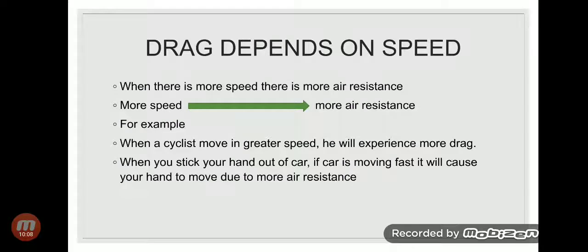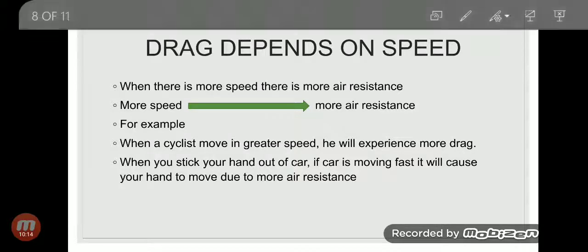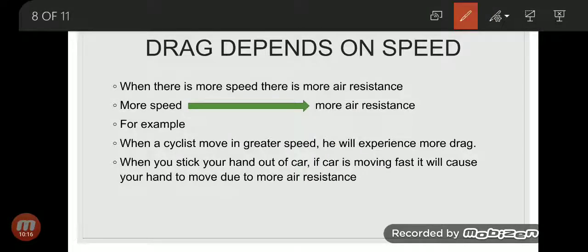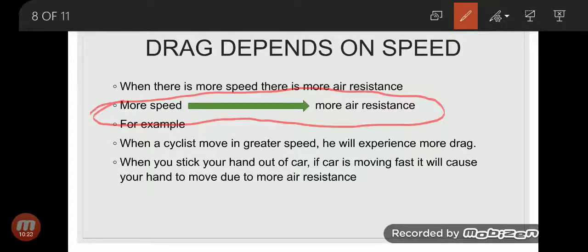Now, the second thing is speed. Air resistance depends on speed. When there is more speed, there is more air resistance. So it's very simple that more speed means more air resistance.